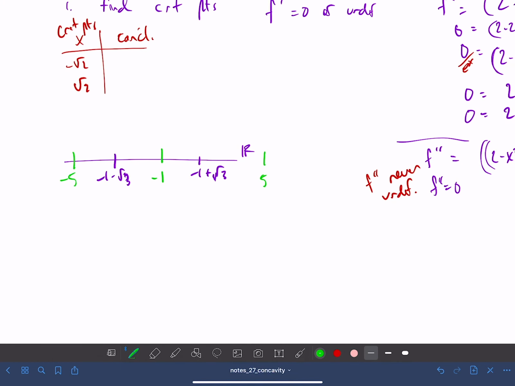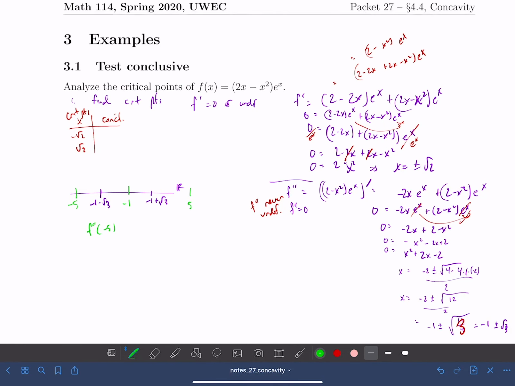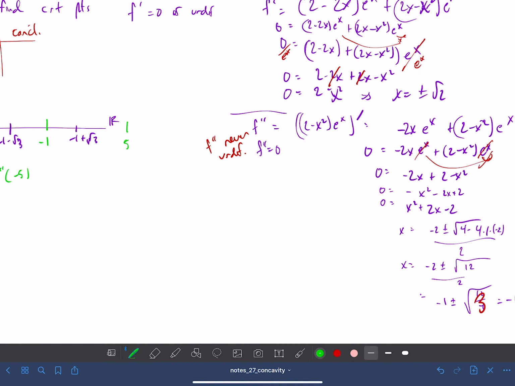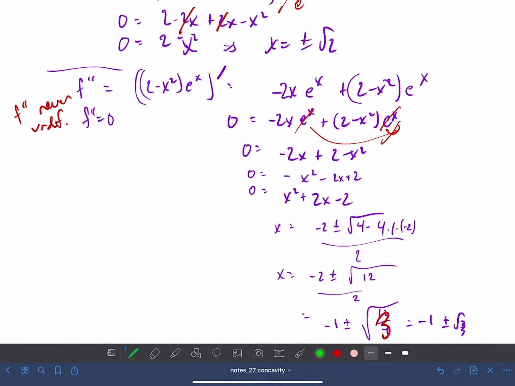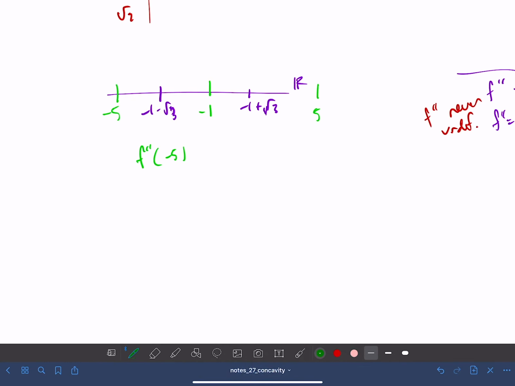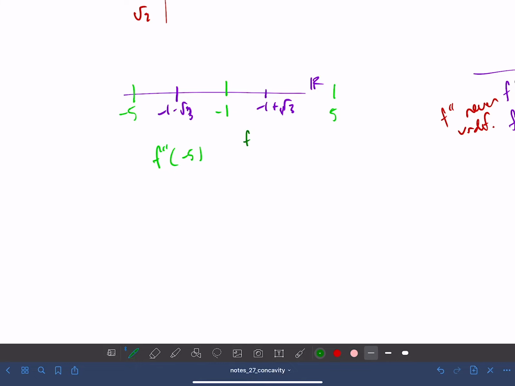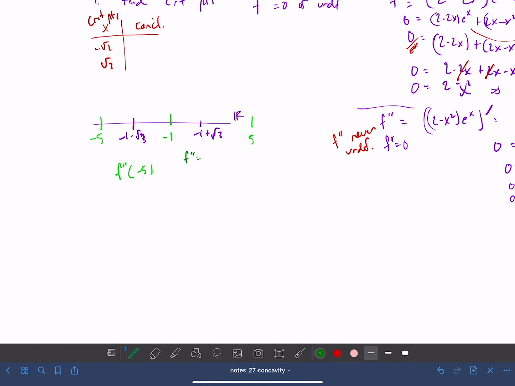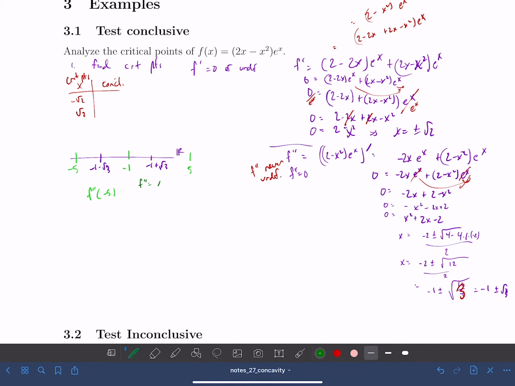So let's evaluate f double prime at each of those test points. F double prime at minus 5. We need f double prime. So if we repeat this calculation, we'll find that f double prime is equal to x squared plus 2x minus 2 times e to the x.